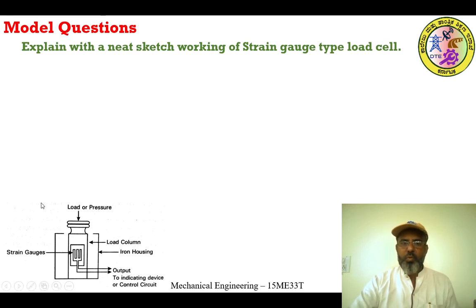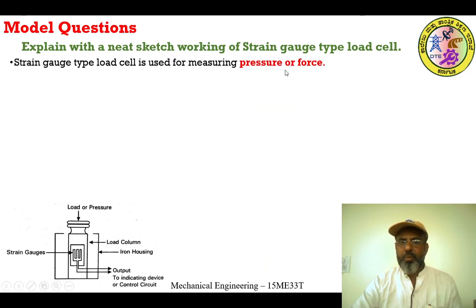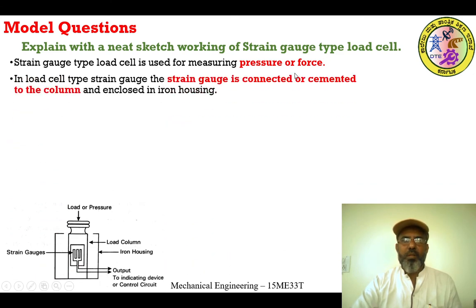This carries 2 marks. Then from the explanation point of view, first you should write that the strain gauge type load cell is employed for measuring pressure or force. Then coming to its working, in the load cell, the strain gauges are cemented to the column and they are enclosed in an iron housing.